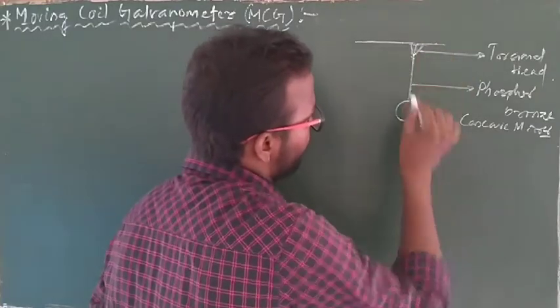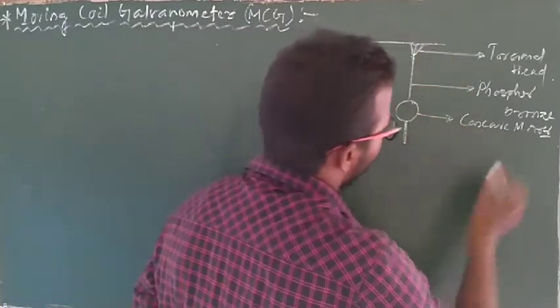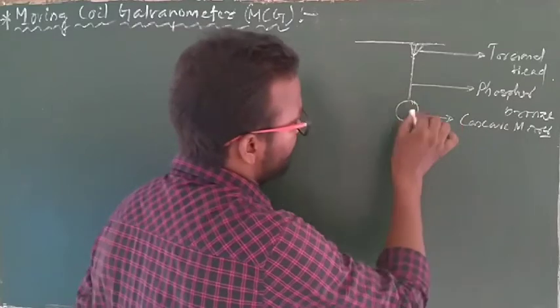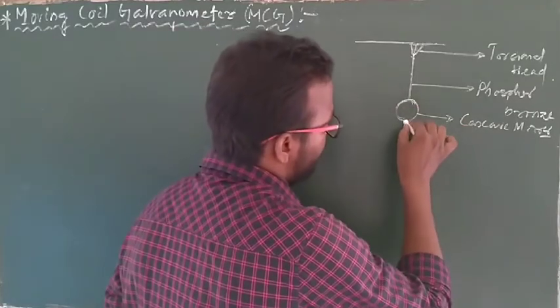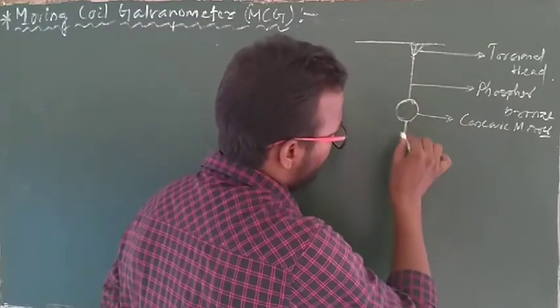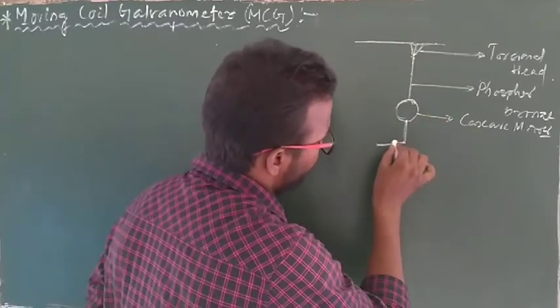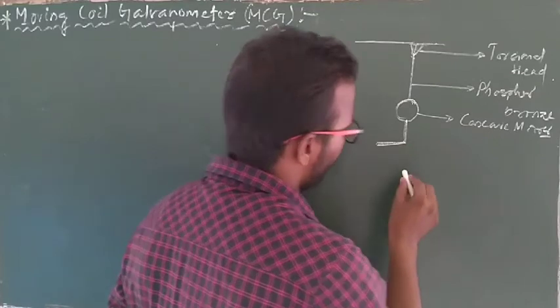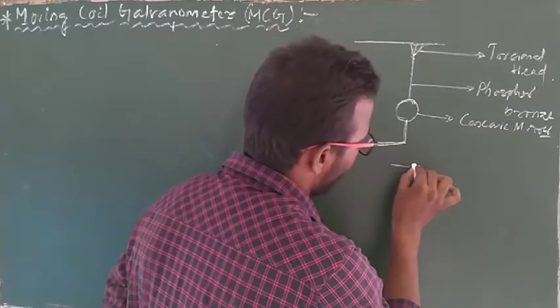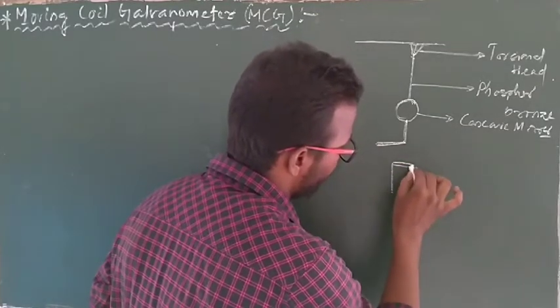This phosphor bronze strip is connected with a concave mirror which detects the deflection, and next there is a coil which is wound over a soft iron core.